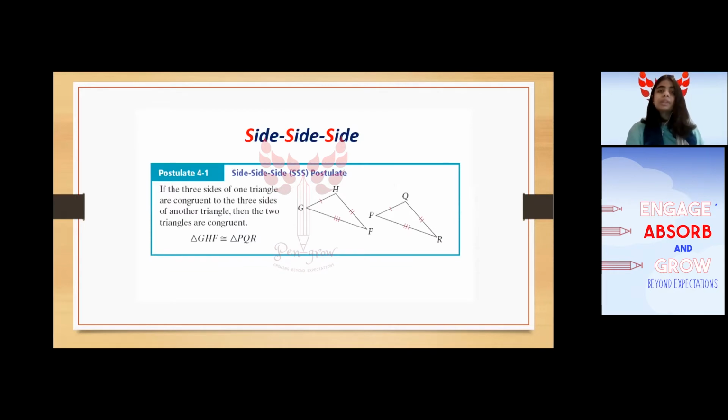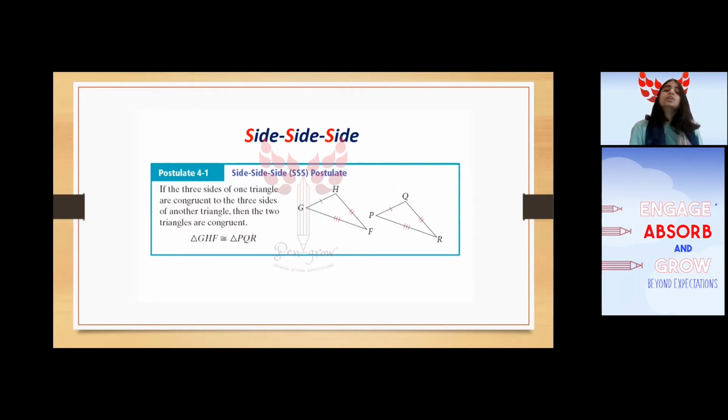Now, as I already mentioned at the beginning of this video, we will be looking at triangles for our math O-level syllabus. One of the conditions of congruency is SSS, which is an abbreviation for side, side, side. What do we mean by side, side, side?